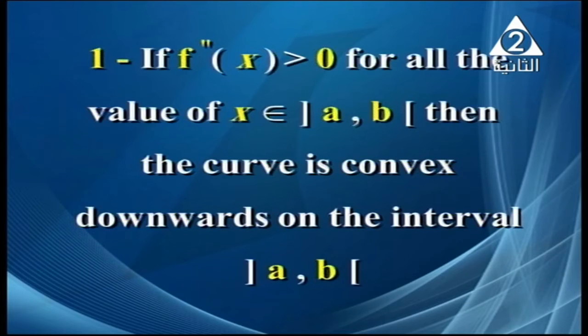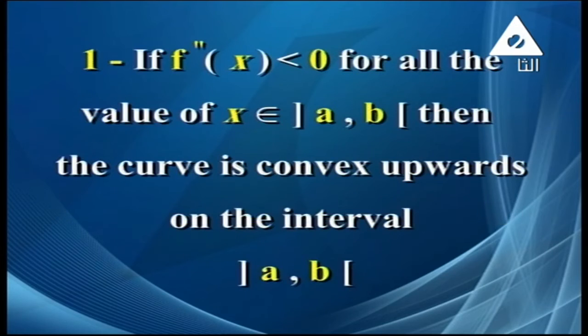Number 1, f double dash x more than 0 for all values of x belonging to open interval AB, then the curve is convex downwards on this interval. Number 2, f double dash x smaller than 0 for all values of x belonging to open interval AB, then the curve is convex upward on the open interval AB.